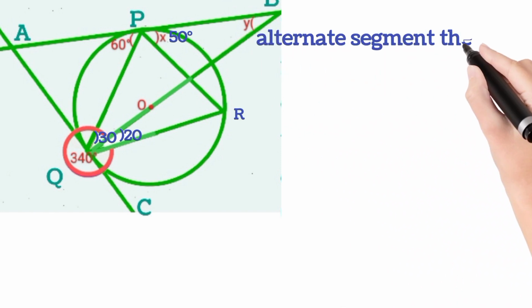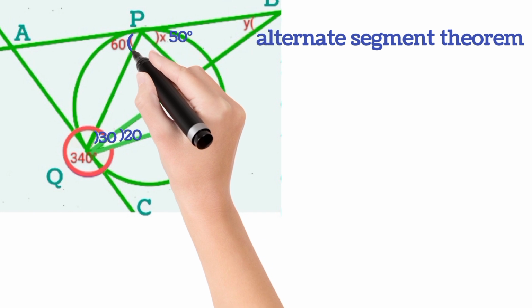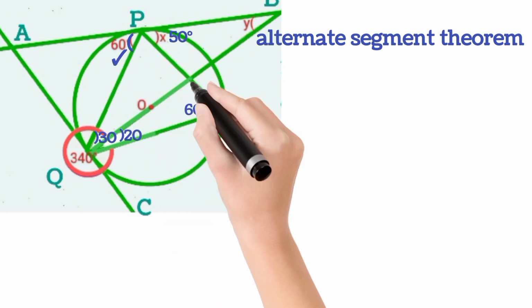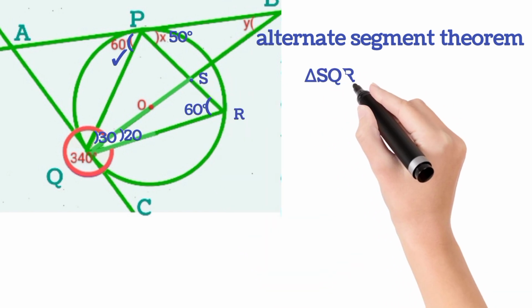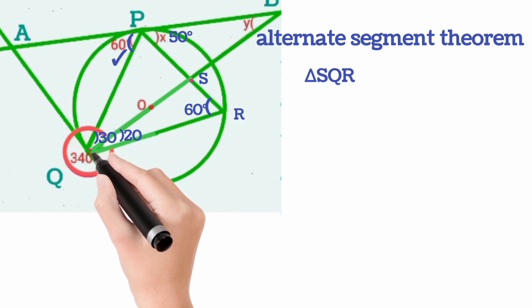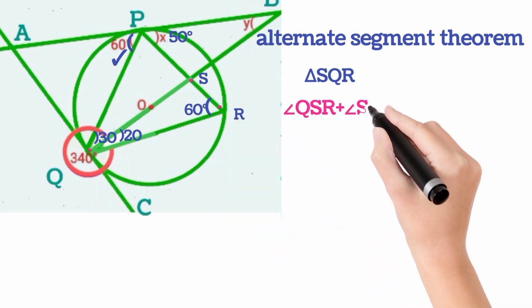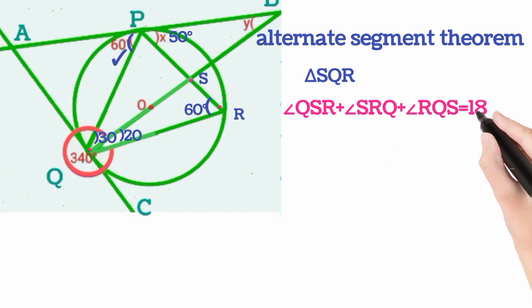Now let us take the figure again. Again by the alternate segment theorem, this angle will be equal to this angle and this is 60, as given in the question, so this angle will be 60 degrees. If this point is S, then on taking triangle SQR, we can write angle QSR plus angle SRQ plus angle RQS is equal to 180 degrees by the angle sum property.